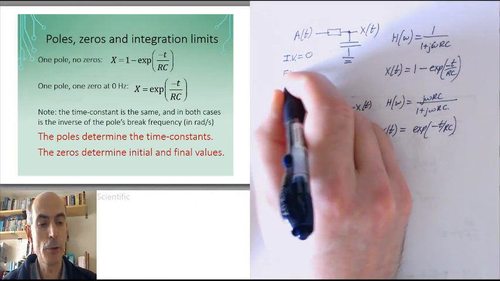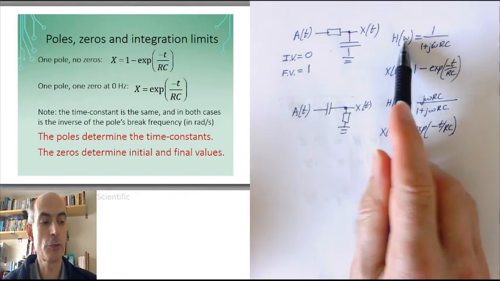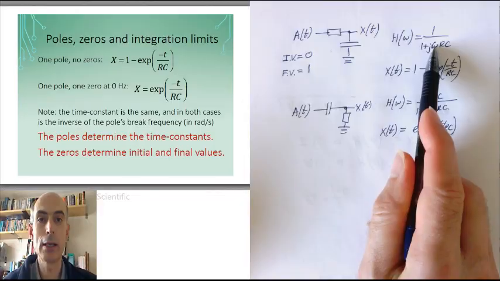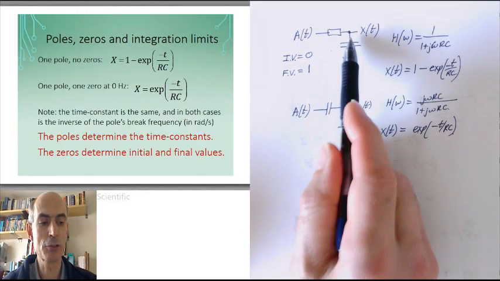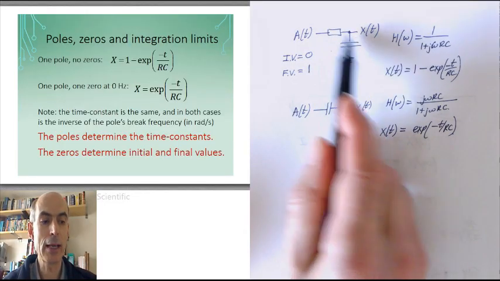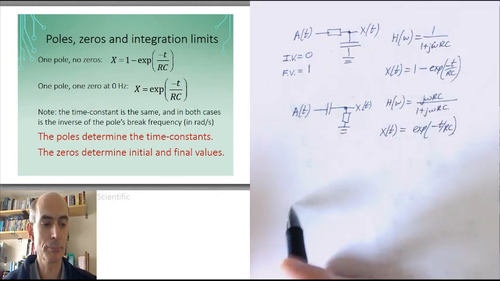And the final value is going to be 1, which we can get from the frequency response by substituting in omega equals 0, or just looking at the circuit and realizing that eventually the capacitor is going to charge up and get the same value as the input here of 1.